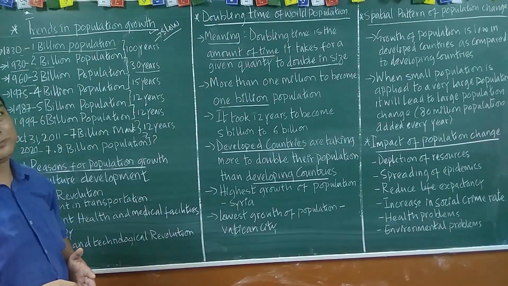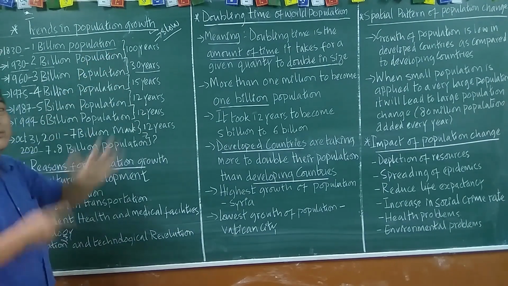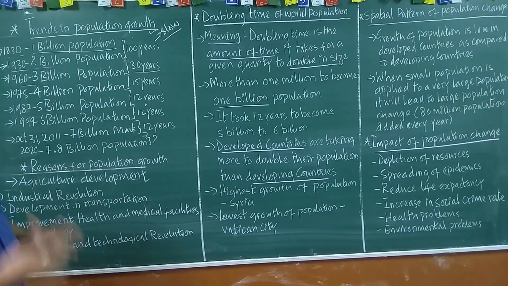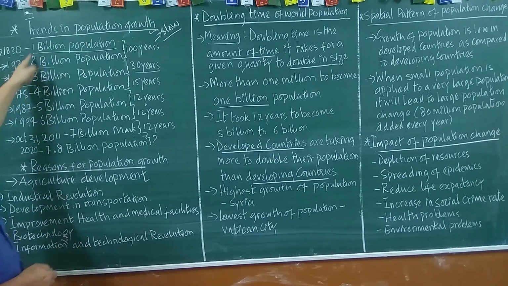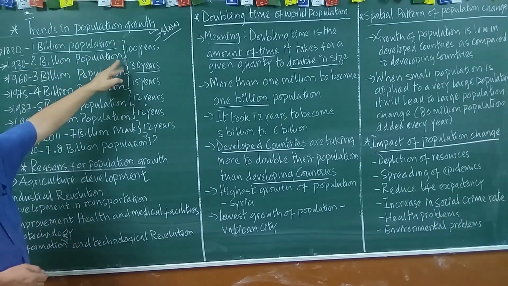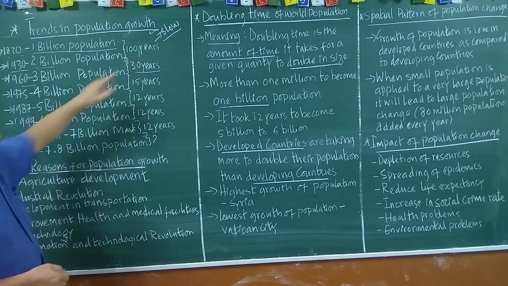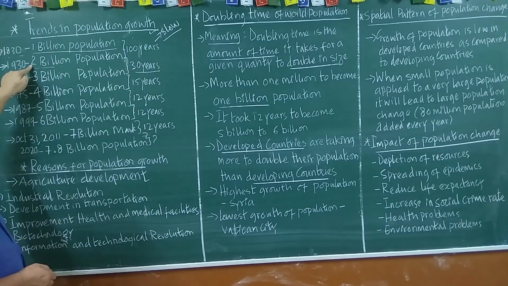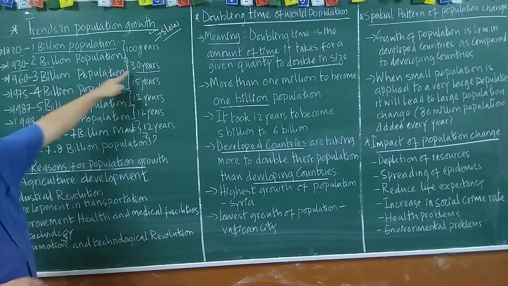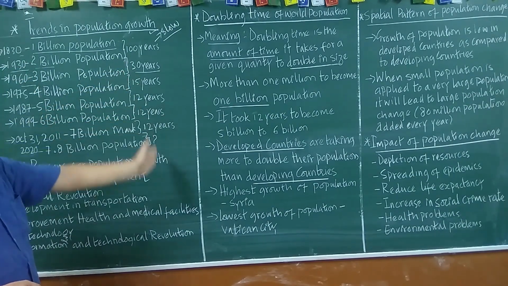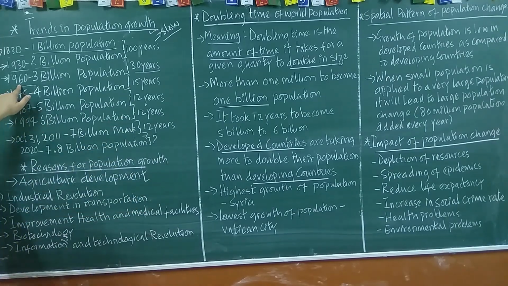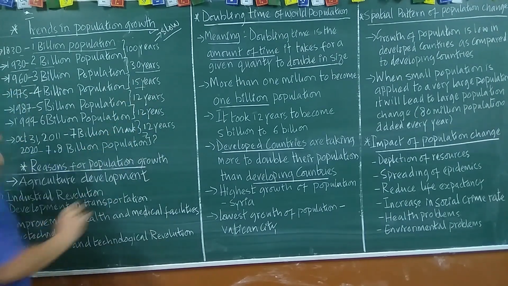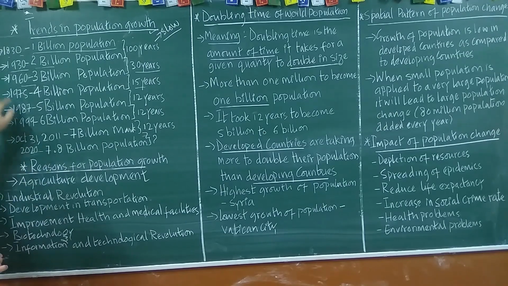But after that, the rate of population increase became rapid. From the 1 billion mark to 2 billion it took 100 years, but from 2 billion to 3 billion it took 30 years. And then the time taken reduced year by year. For example, in 1975, it took just 15 years.